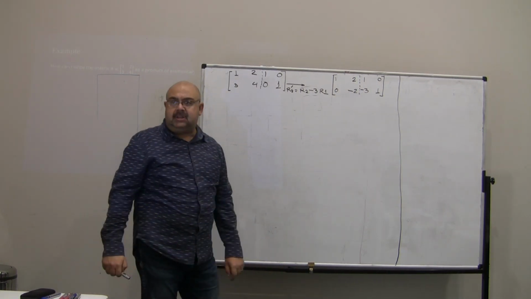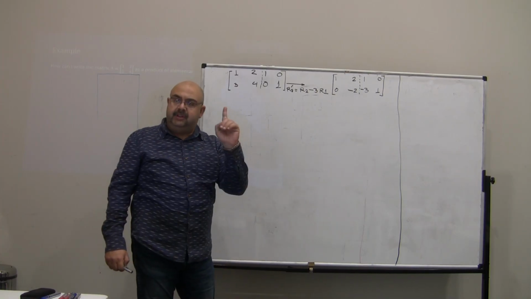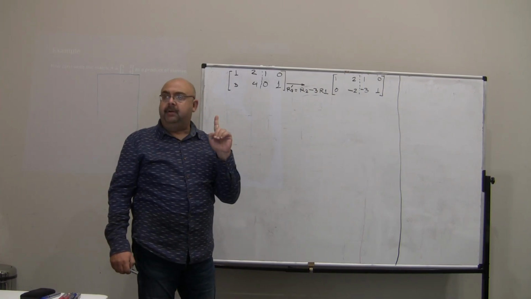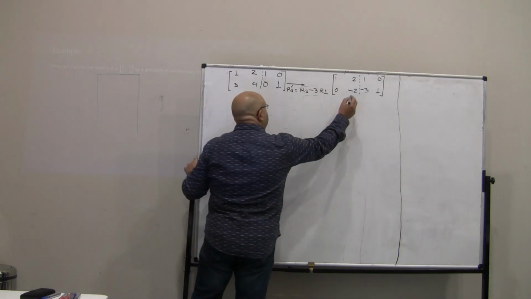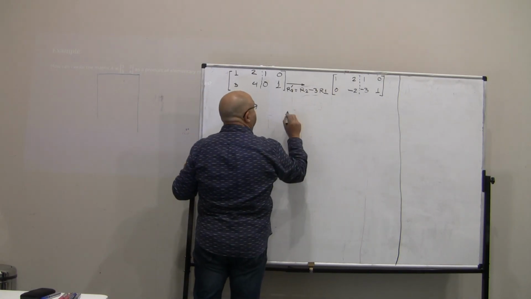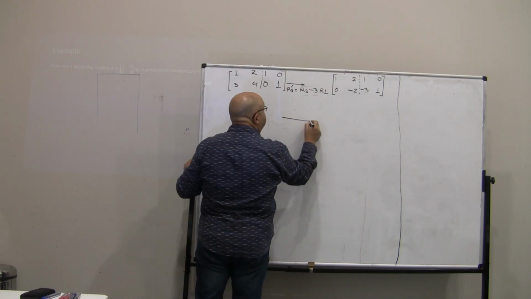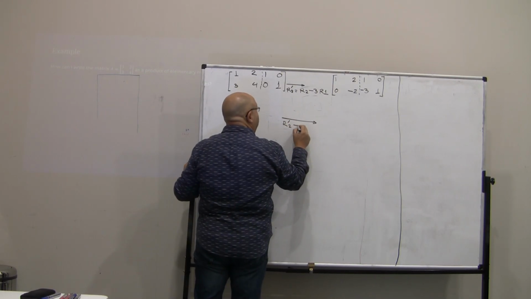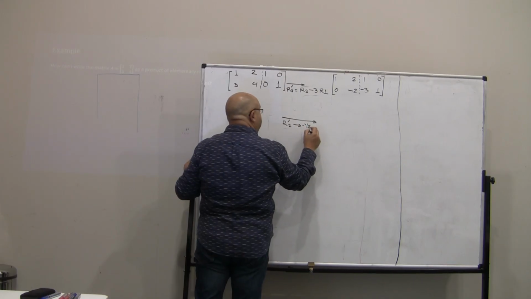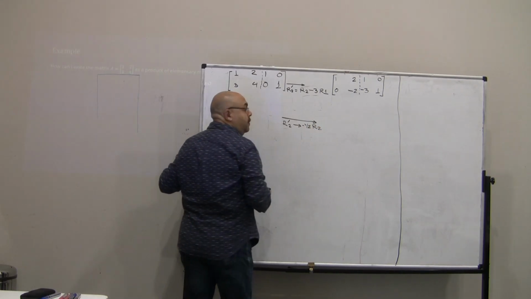How to adjust the pivot of the second row? It should equal +1. How to do it? I will have to move this matrix by getting a new R2. So R2 dash will equal -1/2 times R2.